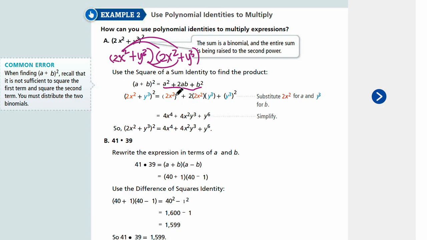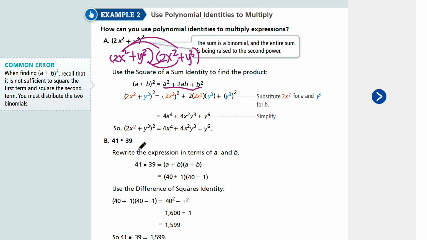If you know the identity right away, you can save some steps. So it's equal to 4x to the 4th power plus 4x squared y cubed plus y to the 6th power.